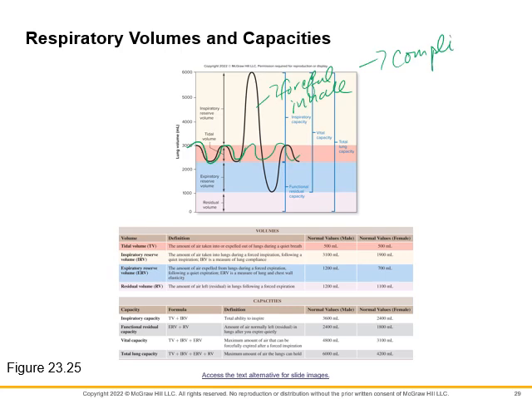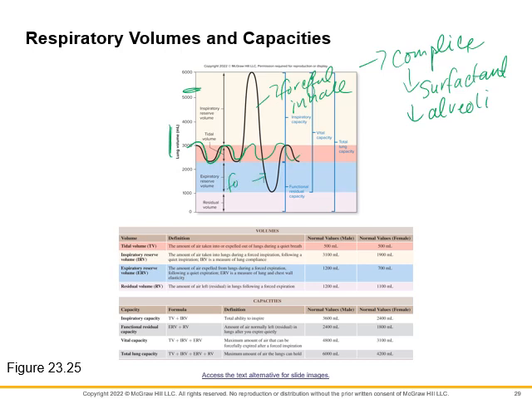And if we look at the volume at which you can do this forceful inhale, that compliance would be something like surfactant, something about alveoli themselves.